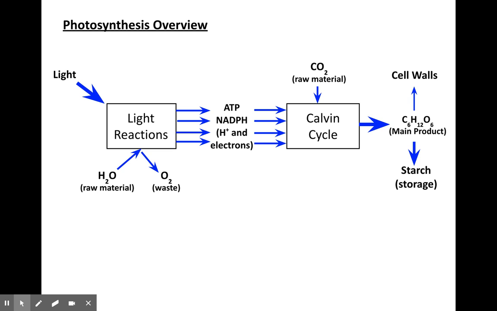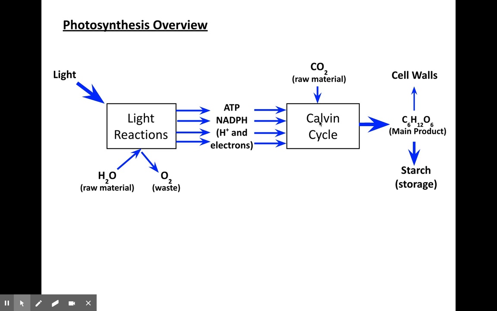All right, so here's our overview of photosynthesis that we're going to get to in a lot of detail soon, where we have light that's going to do what's called light reactions. Water is split into oxygen and hydrogen. They use ATP and NADPH. Hydrogens and electrons are going to move on to something called the Calvin cycle.